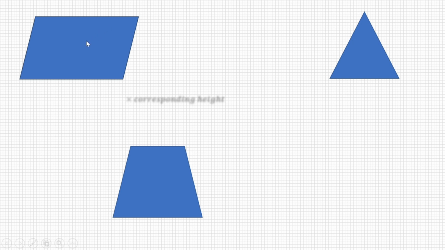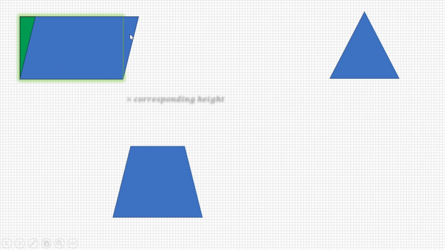So here we have some tricks for these shapes. Every parallelogram will have area equal to a rectangle with the same base and same height. See, this is a rectangle with the same base as the parallelogram and the same height as the parallelogram. So the area is going to be the same.